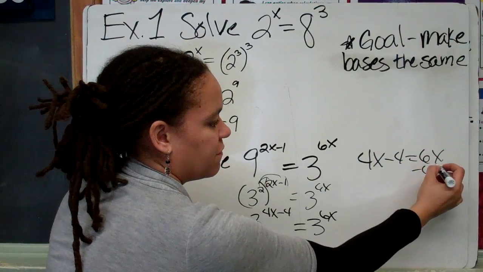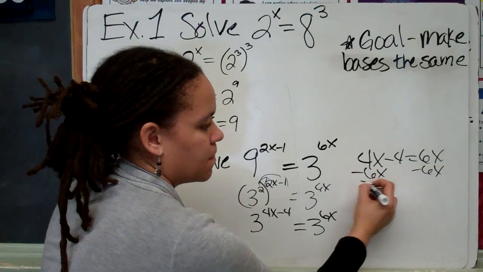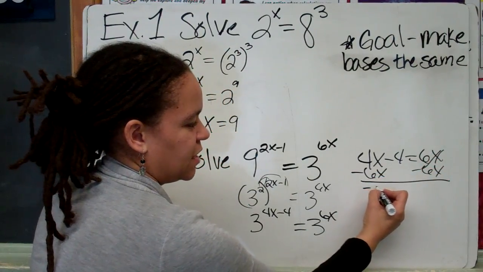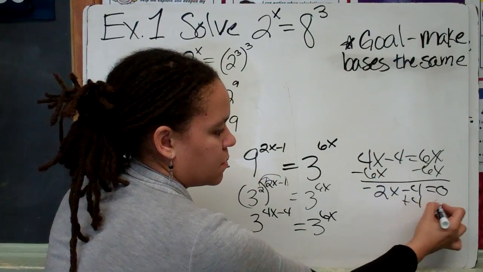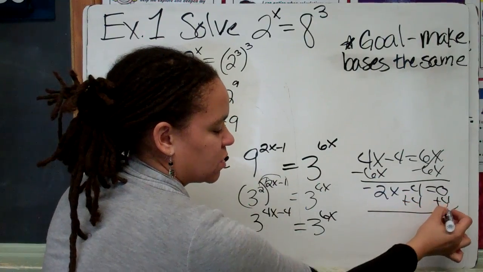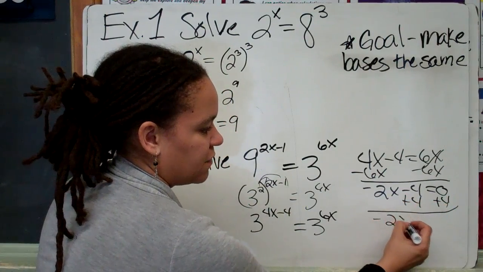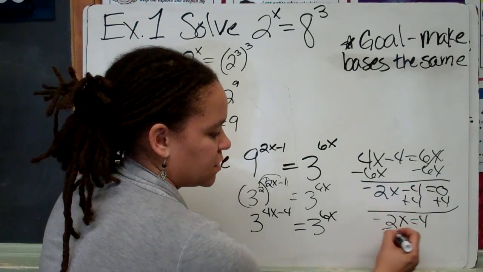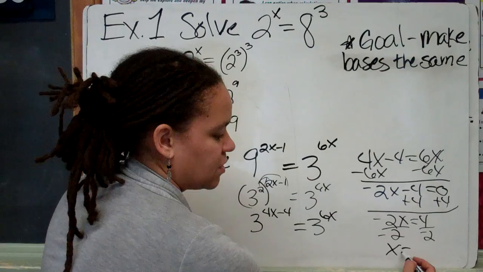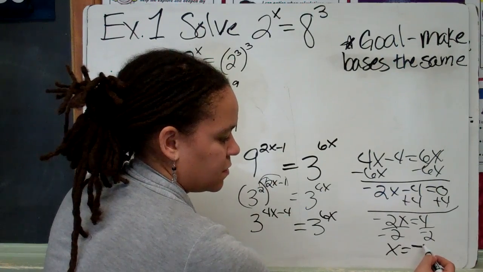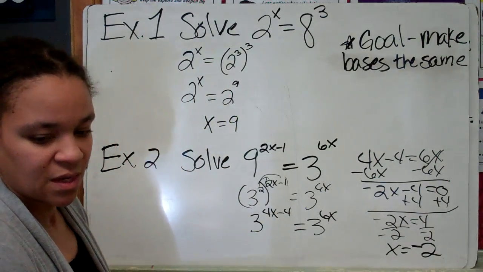And now let's solve. Negative 2x minus 4 equals 0. Add 4 to both sides. I'm doing this quick because it's algebra 1. Negative 2x is equal to 4. Divide by negative 2, divide by negative 2. x is equal to negative 2.